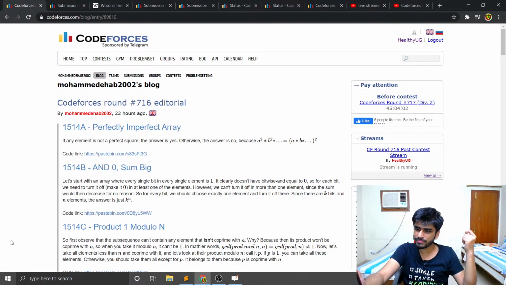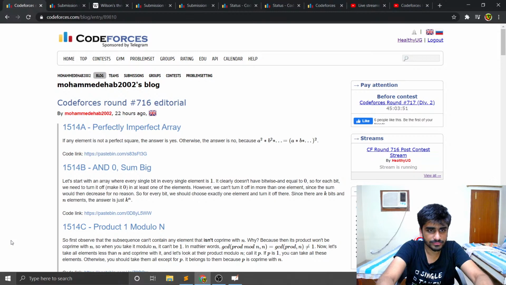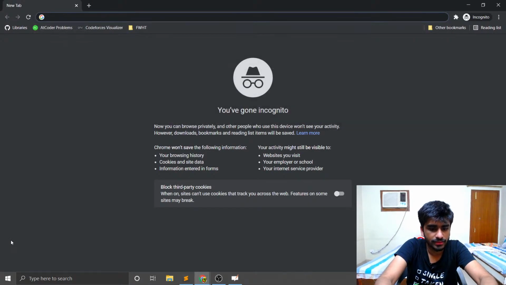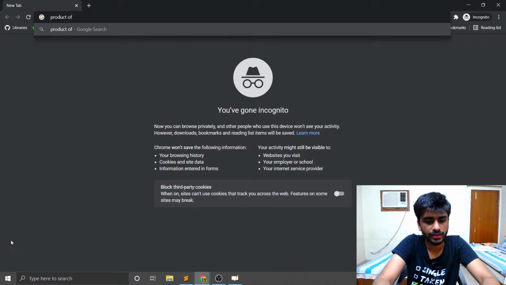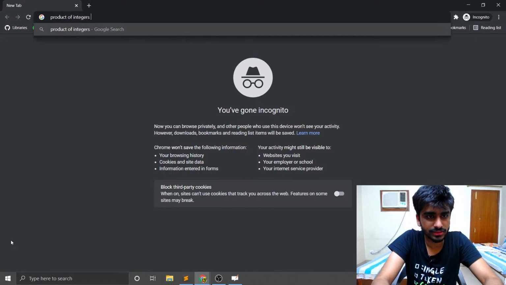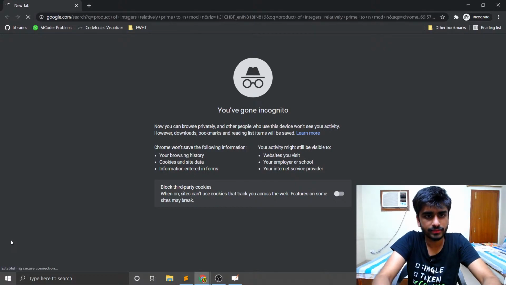multiples of prime. Product of integers relatively prime to n congruent. Okay, you have a link here. Let me find it. Product of integers relatively prime to n mod n.